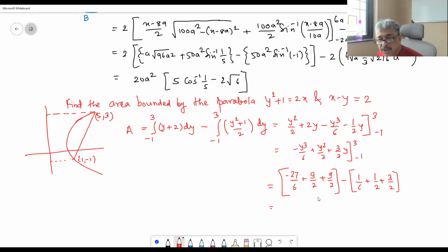So how much is this? Now I think we should make the denominator 6. This and this are the same, so they get cancelled. This is 9 by 2 minus, if I make the denominator 6 here, this is 1 plus 3 plus 9. Now 13. Correct?